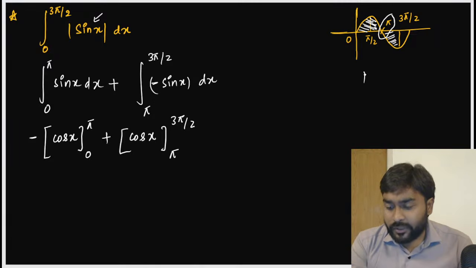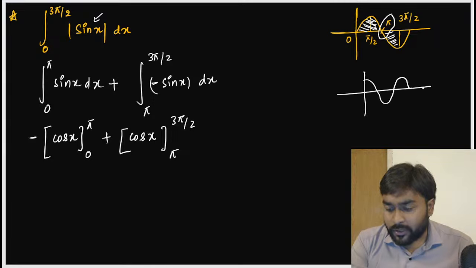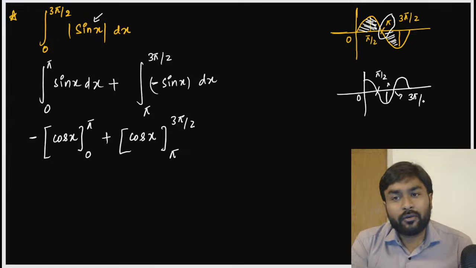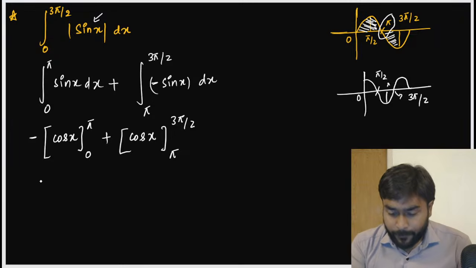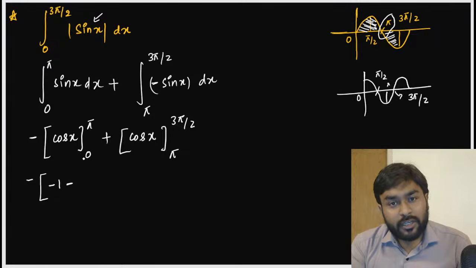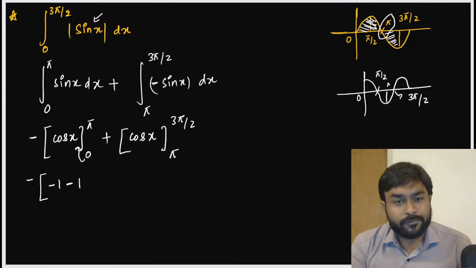If you remember the cos x graph, these limits you can easily solve. So this will be the cos x graph: here 0, here pi by 2, then again here pi, then next will be 3 pi by 2. If you write cos pi, the value is minus 1, then minus cos 0, which is 1.